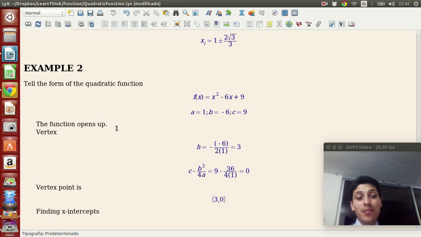As I know that the vertex point is 3, 0, one of the intercepts, I know already that I just have one intercept because the vertex point is the maximum or the minimum point. But we're gonna check it. We're gonna check it actually to know that it's completely true.